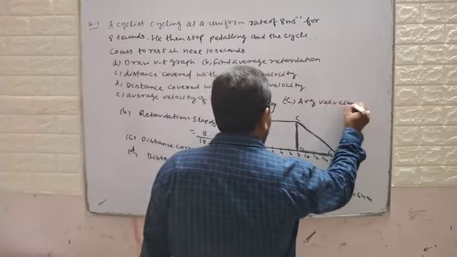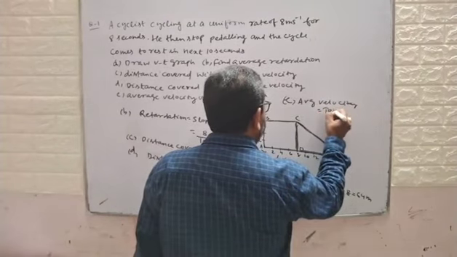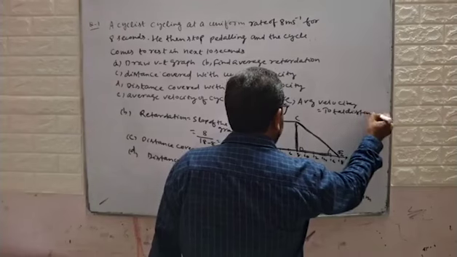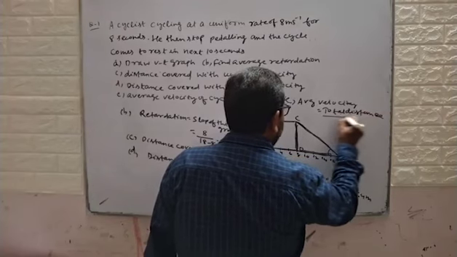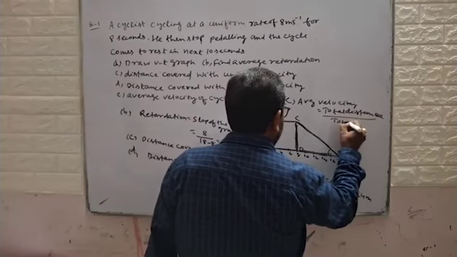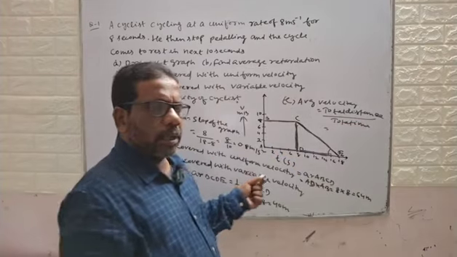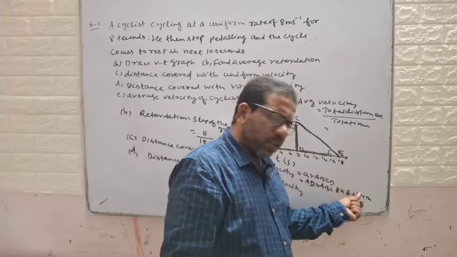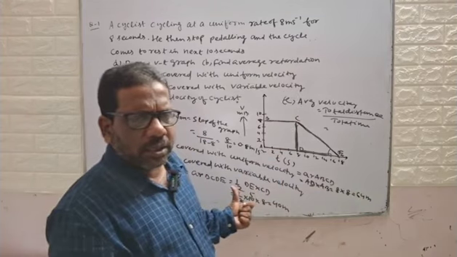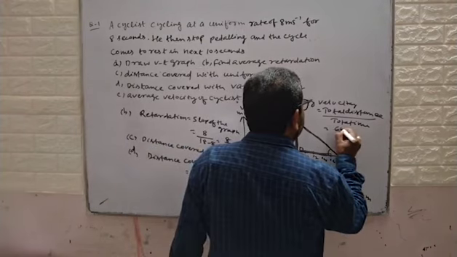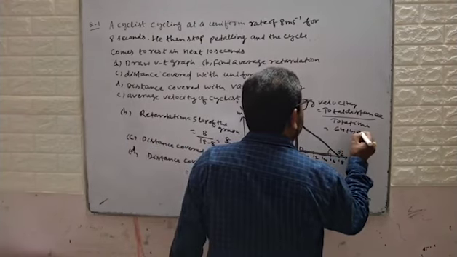Average velocity equal to total distance by total time. Distance covered with uniform velocity 64. Distance covered with variable velocity 40. Total distance 64 plus 40.